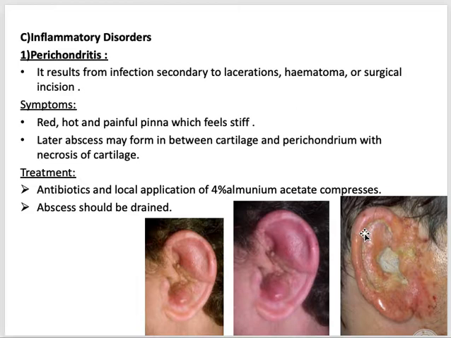Remember, the cartilage gets its blood supply only from the perichondrium. Treatment is local application of ammonium acetate compresses. But if an abscess is formed, drainage is done, with antibiotics for 7 to 10 days. So this is perichondritis.